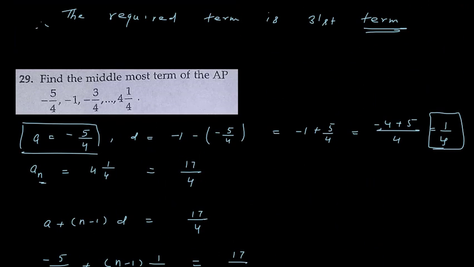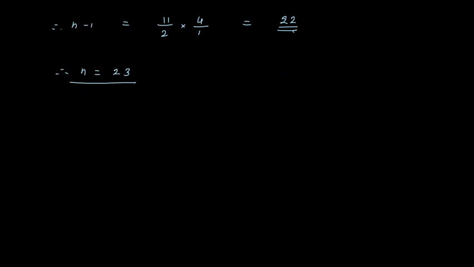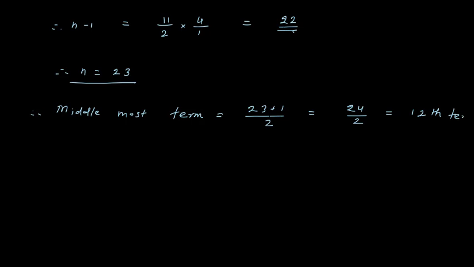So find the middlemost term. Now, therefore I will say that the middlemost term is equal to (23 plus 1) divided by 2, is equal to 24 divided by 2, is equal to the 12th term. So the 12th term is the middlemost term, and for A12 the formula is a plus 11d.